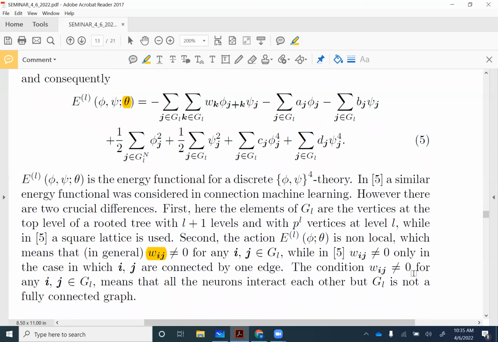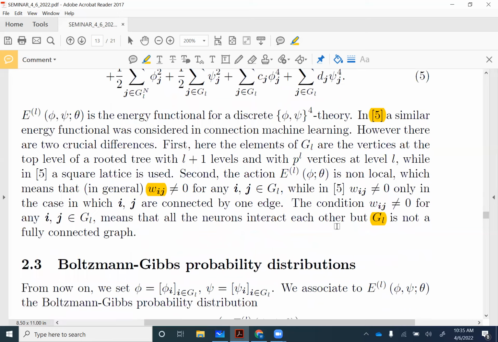This condition for any i, j in GL means that all the neurons interact with each other, but GL is not a fully connected graph. Okay, so the motivation for introducing this energy functional is to construct a p-adic analog of the neural networks introduced in this paper. Okay, I'm going to construct this p-adic version right now.